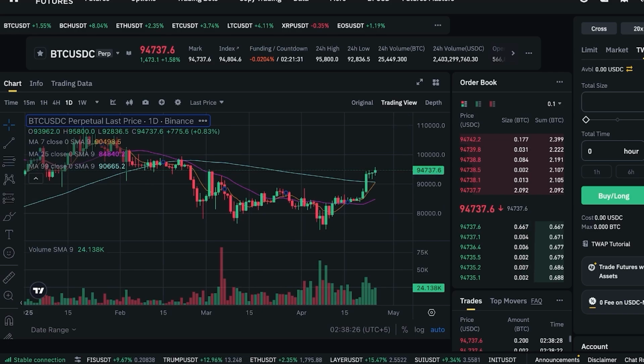Now there are some other advanced trading strategies like scalping, trend trading, arbitrage, and hedging. So you can use things like capturing small, frequent profit from minor price moves, which requires quick execution and strict discipline.